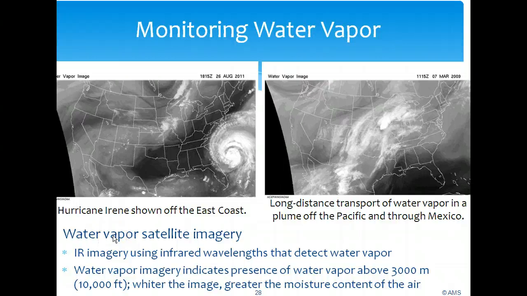Water vapor satellite imagery is a very valuable remote sensing product for tracking broad-scale distribution and movements of water vapor, generally by way of infrared wavelengths that detect water vapor, as seen here.